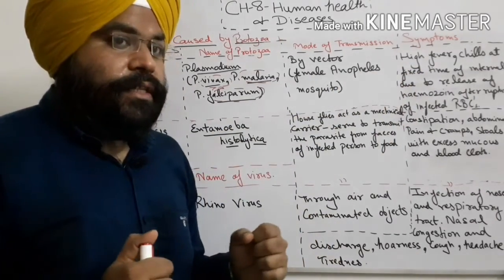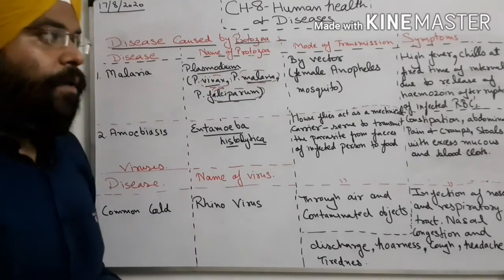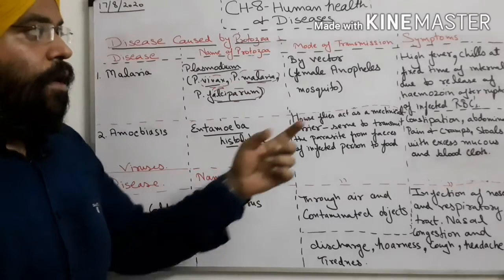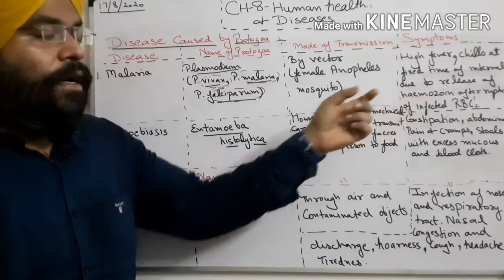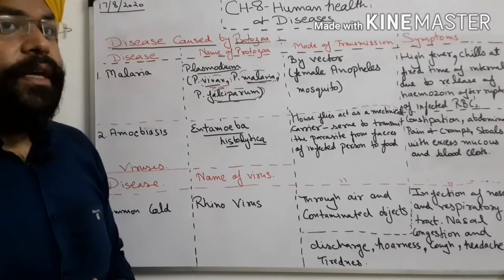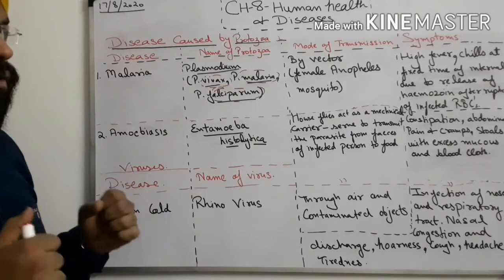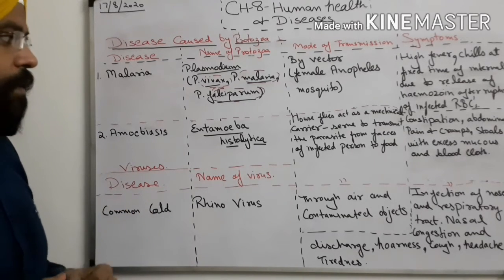You feel chills after a few intervals of time. You feel shivering because of hemozoin that is released from the ruptured RBCs. Your RBCs are ruptured in this case, so hemozoin is released after a few intervals of time, and you feel very cold and also have high fever.